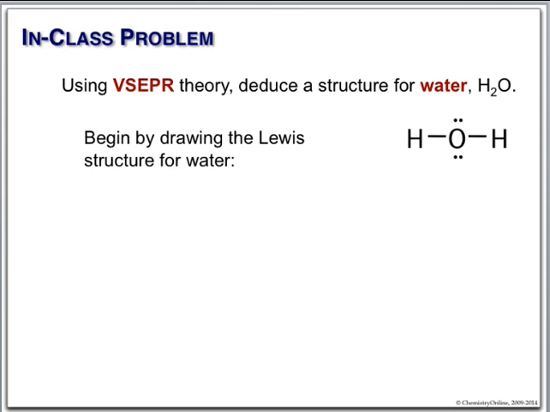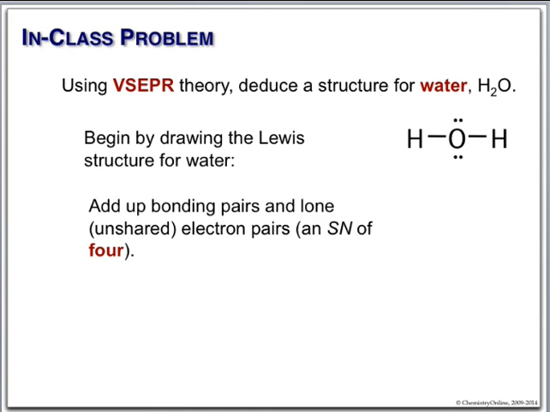How many electrons do we have around our oxygen? We have these two that are in bonds, and we have 2 extra pairs. The way to make these get as far apart as they can, steric number is 4 again, is to make this into a tetrahedral.